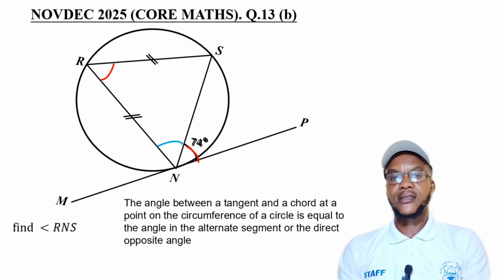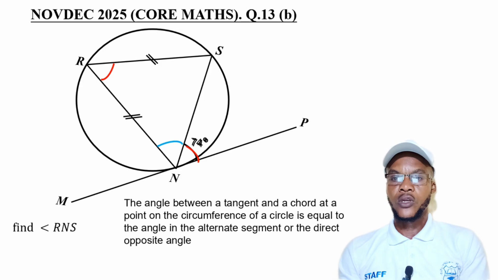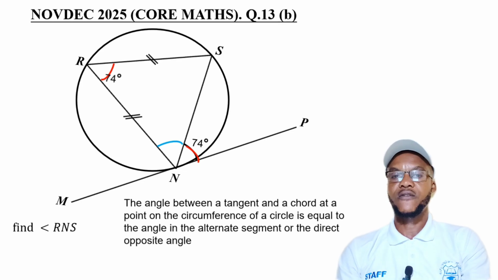The angle at R and the 74 degrees are directly opposite, so those angles are equal. If we have 74 degrees here, then the angle at R is also 74 degrees. Very simple.